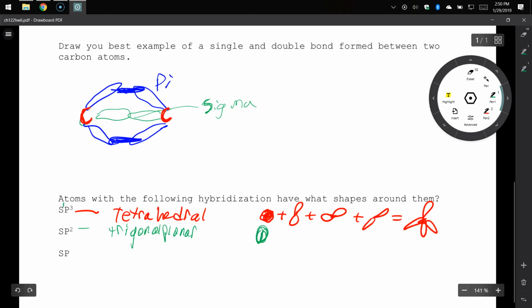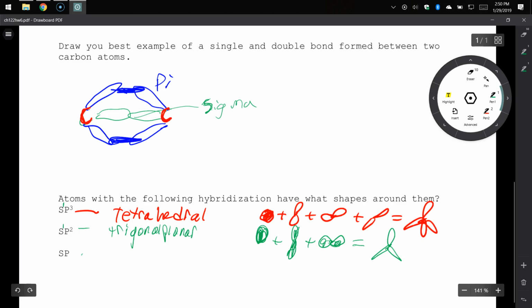Because we've got that sphere, and we've got a p orbital, and we have another p orbital, and that adds up to trigonal planar. Because again, one electron here, so that's only consisting of 3 electrons.